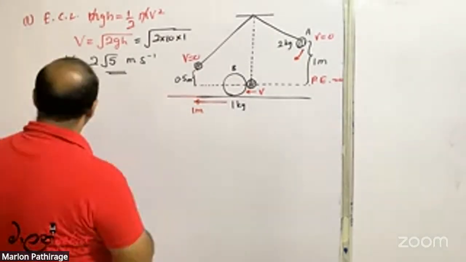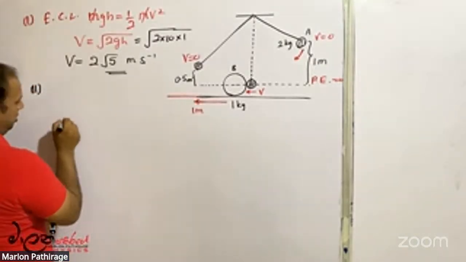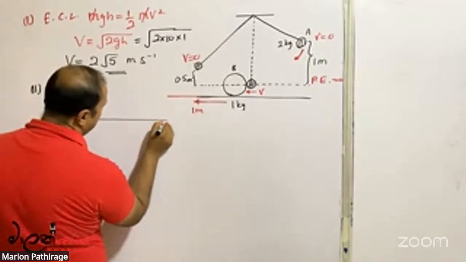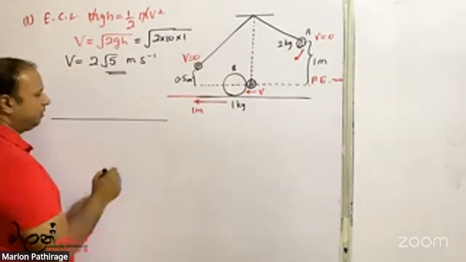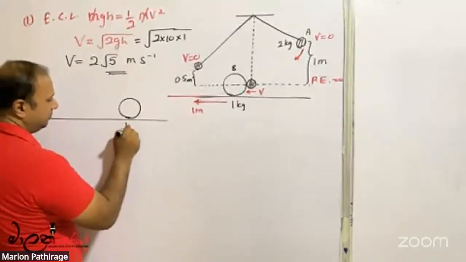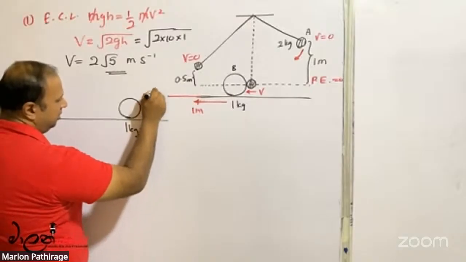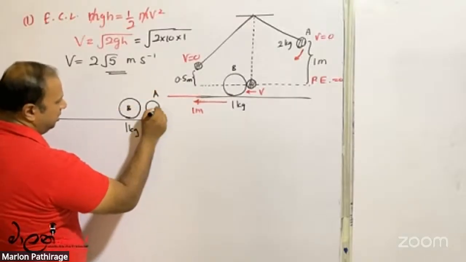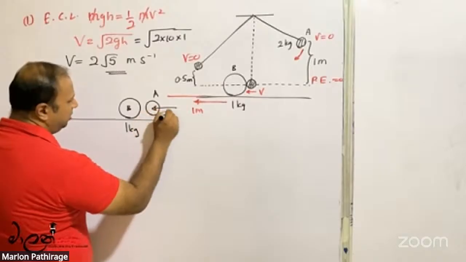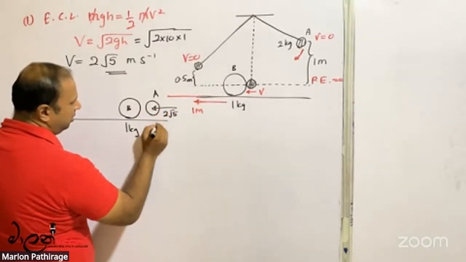So, as it is an inelastic collision, then what will happen? Now, this is a 1 kg object, and here this one comes at a speed of 2 root 5. Here is the 2 kg object.